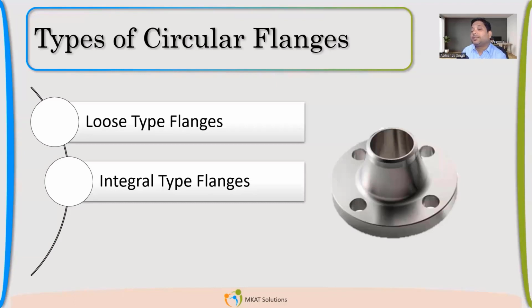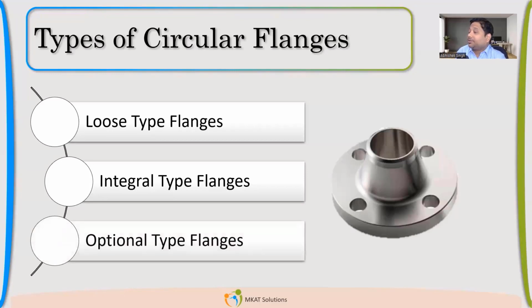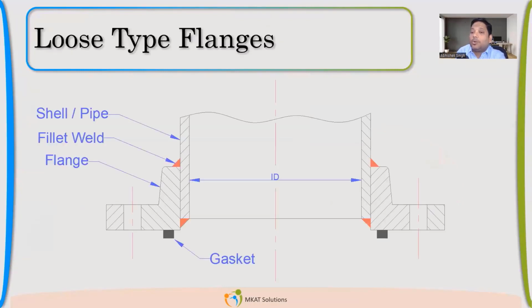So that is the one element. Very rightly said, Himanshu. Then there is the third category, which is optional type. Typically, these optional types are also designed as integral. We'll talk about that. It varies between integral and loose. We'll see how it is.